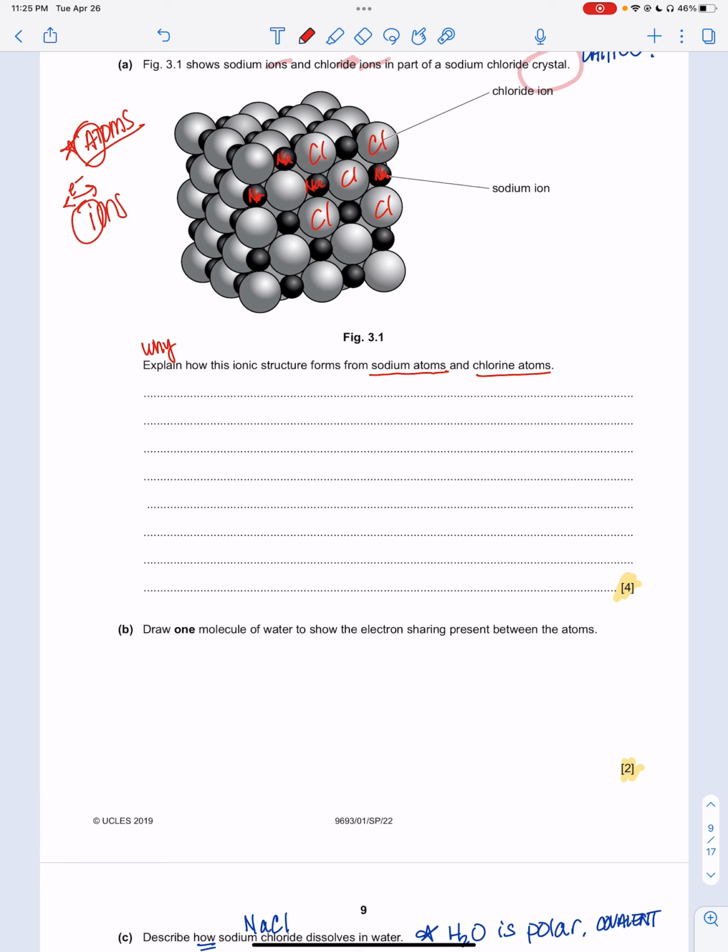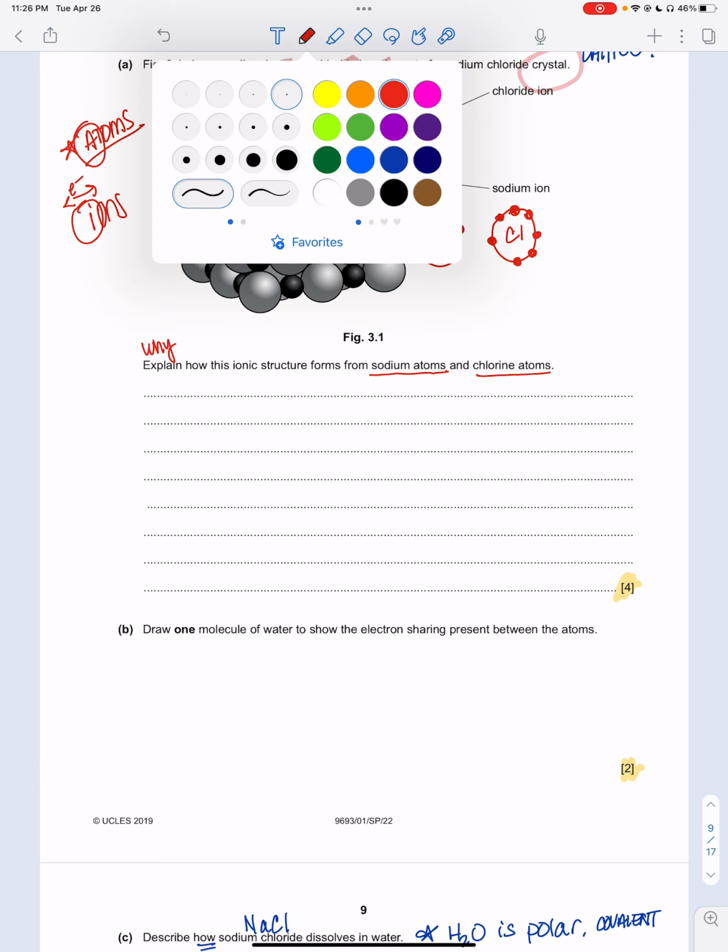So sodium will look like this. Chlorine, and then it has space for one more.